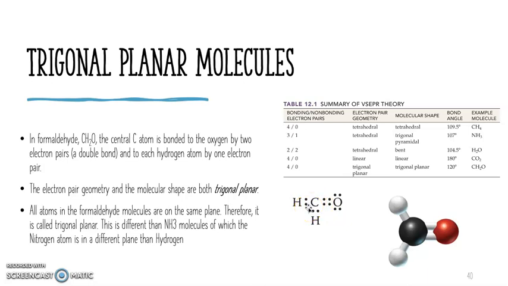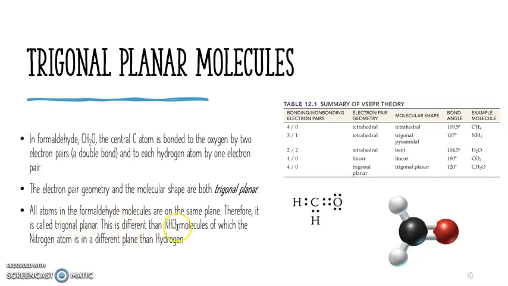The electron pair geometry and the molecular shape are both trigonal planar. All the atoms in the formaldehyde molecule are in the same plane, and therefore it's called trigonal planar. Planar means it's on the same plane. Trigonal means three, like 3 points, right?